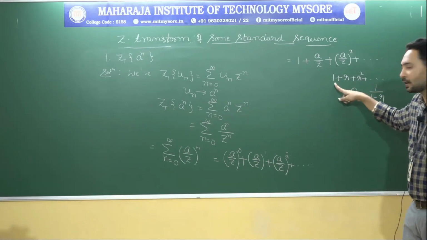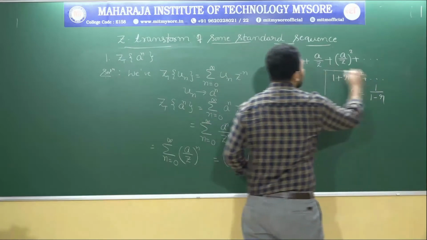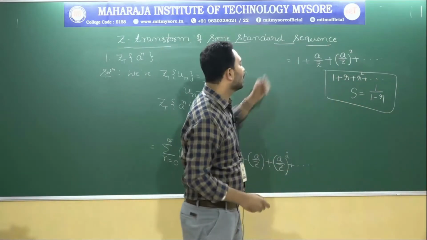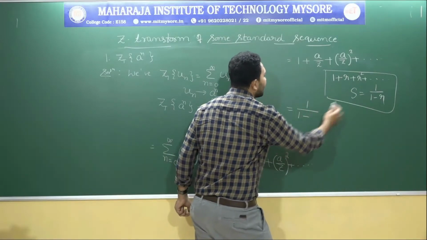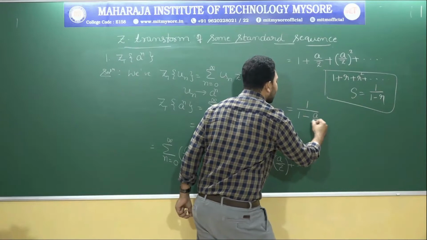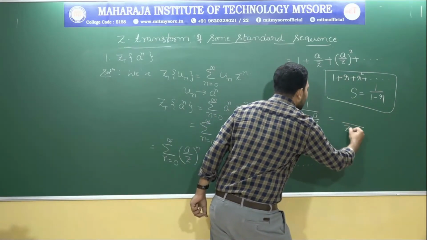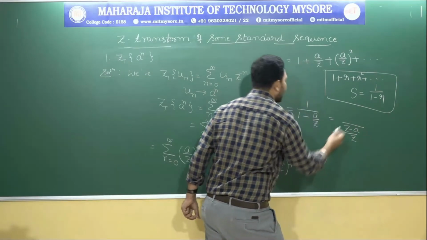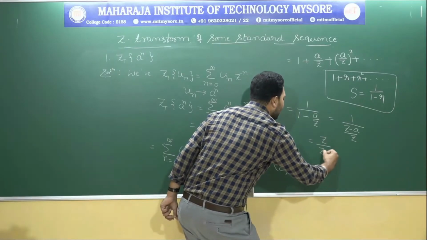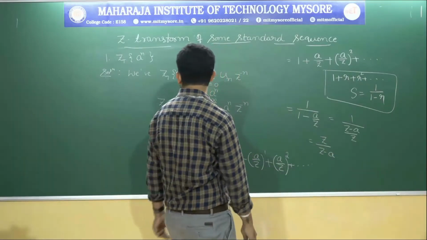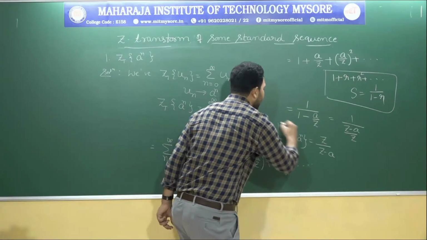Here 1 is the first term and r is the common ratio. If I apply this here, we can write 1 divided by 1 minus, in the place of r, replace a by z. If I take LCM, I can write this as z minus a by z. This z goes to the numerator, that is z divided by z minus a. So this is the Z transform of a power n.